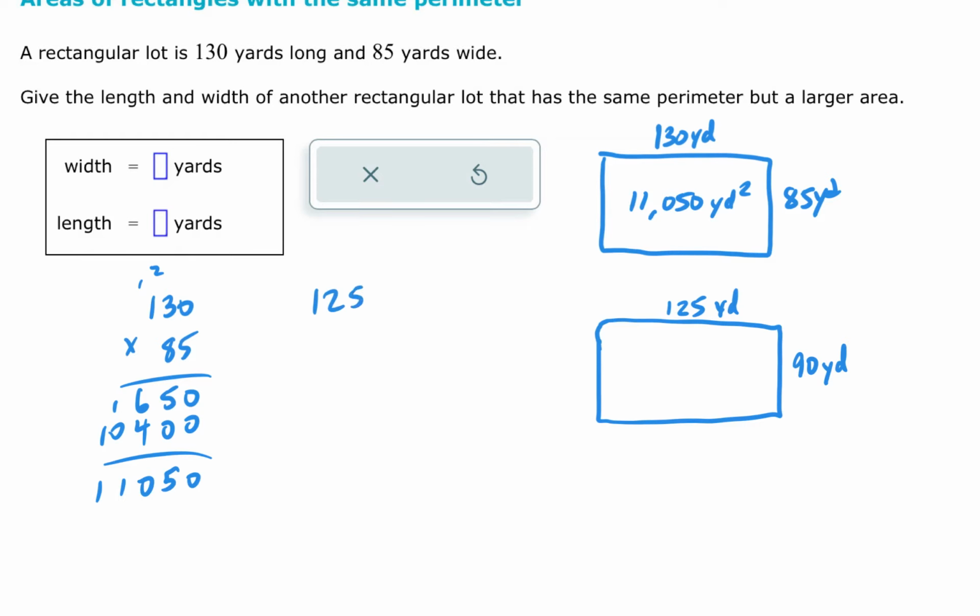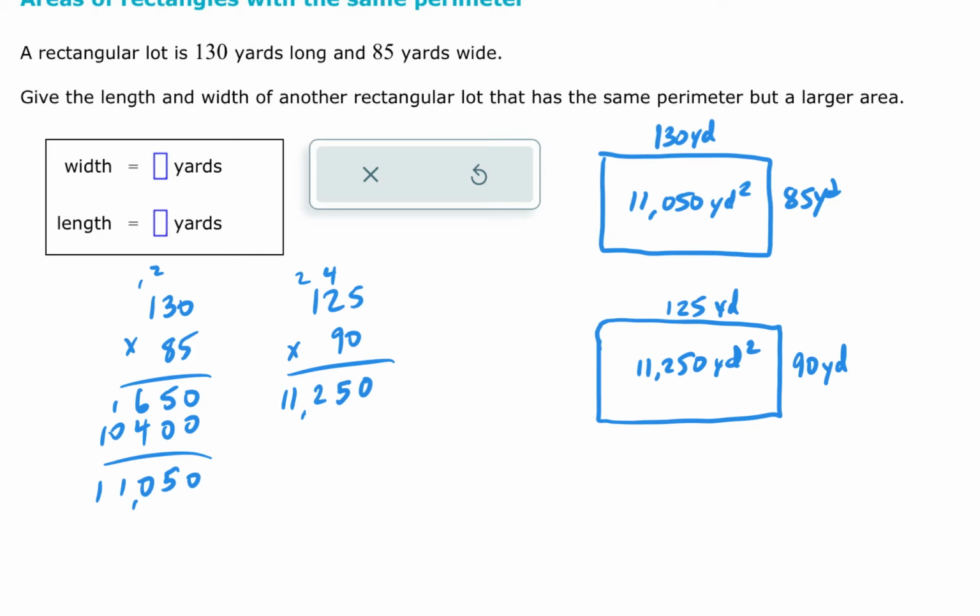For our second one, 125 times 90. And I don't need to do that first line. I'm just going to bump it over to the tens place. 18 and 4 is 22. That'll be 11. So we have 11,250 square yards.